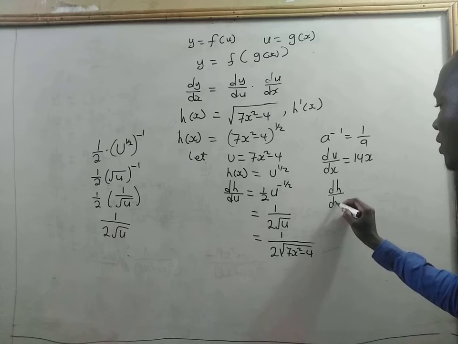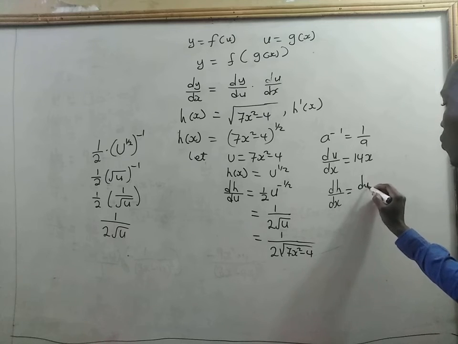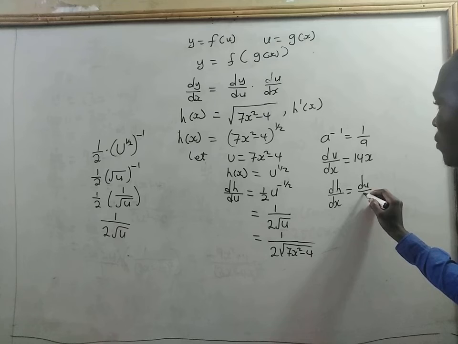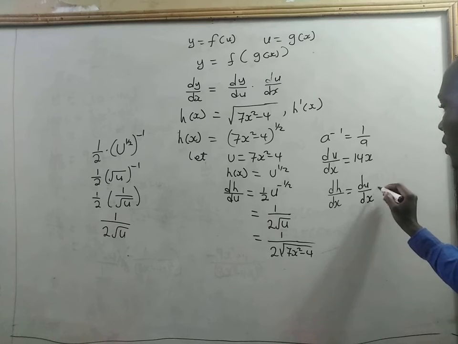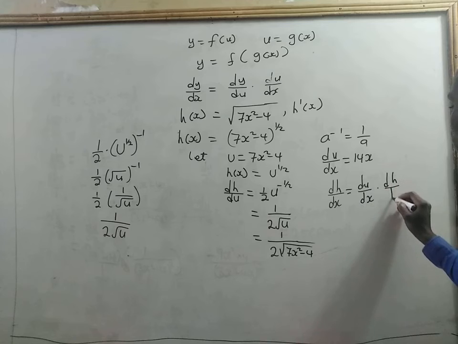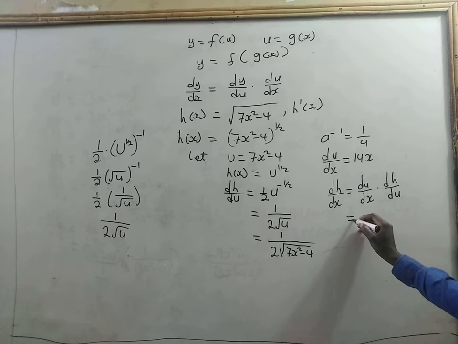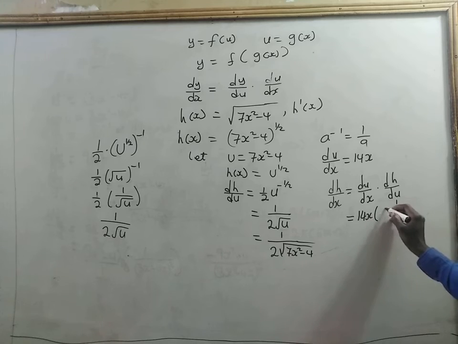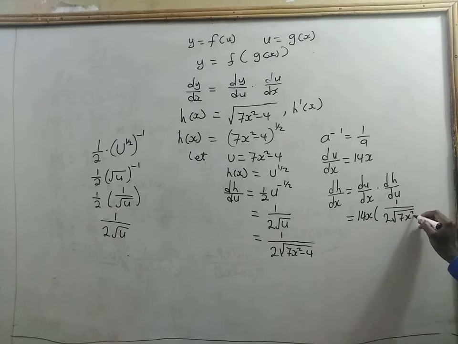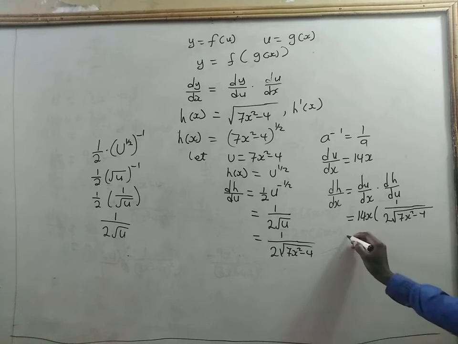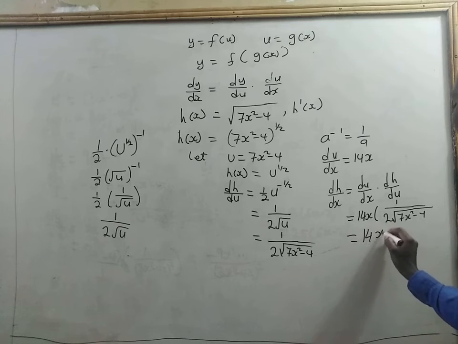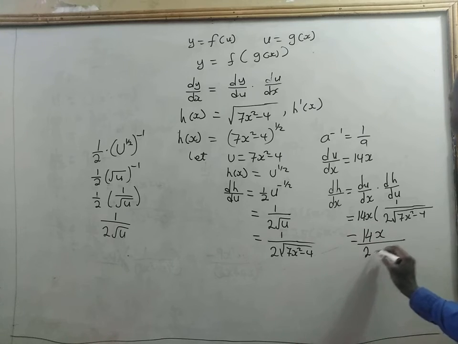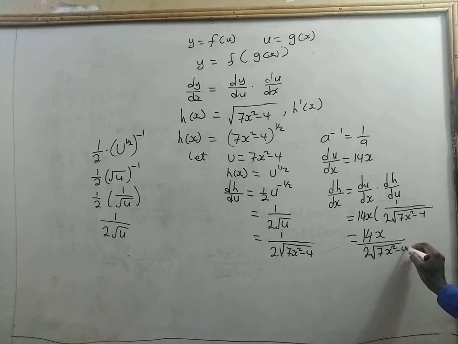So now the derivative of h with respect to x is equal to the derivative of u with respect to x times the derivative of h with respect to u, which is equal to 14x times 1 divided by 2 root (7x squared minus 4), which is equal to 14x divided by 2 times the square root of (7x squared minus 4).